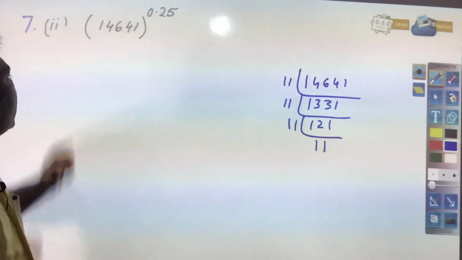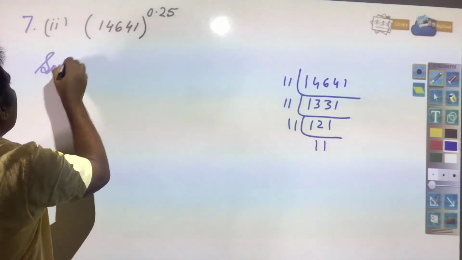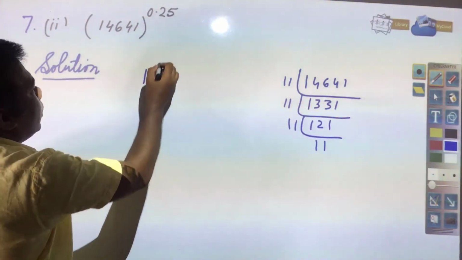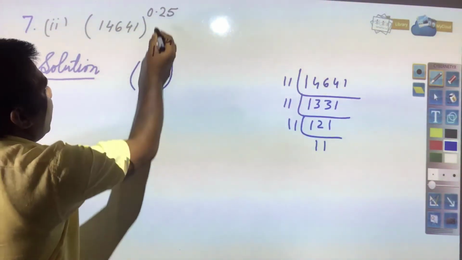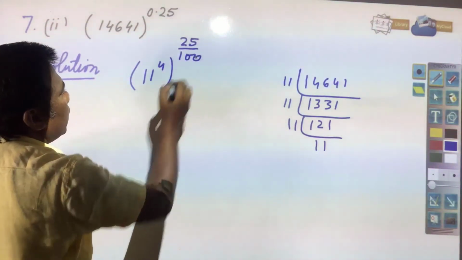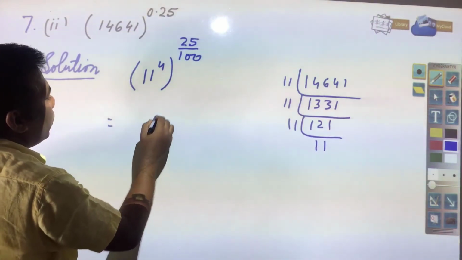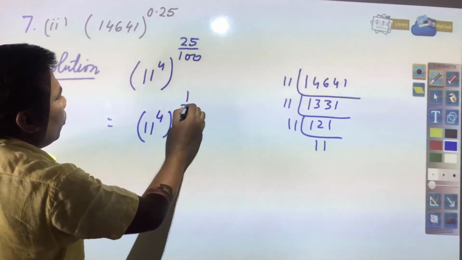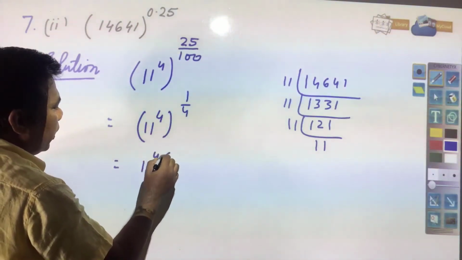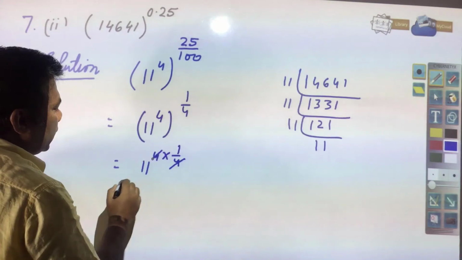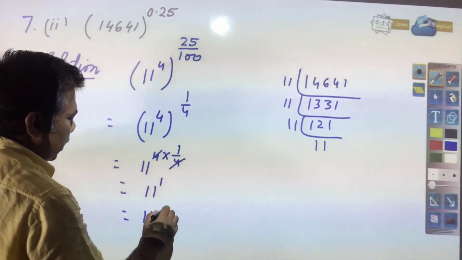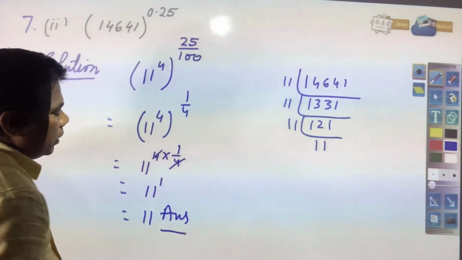So, this number can be written as 11 to the power 4, and to the power 0.25, which can be written as 25 by 100, and this will be 11 to the power 4 to the power 1 by 4. This will be cancelled, 11 to the power 4 into 1 by 4, it will be cancelled, and you will get 11 to the power 1 means 11, and this will be your answer.